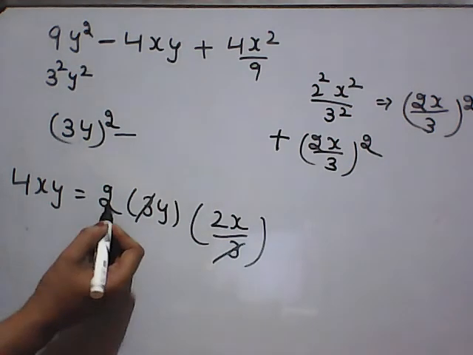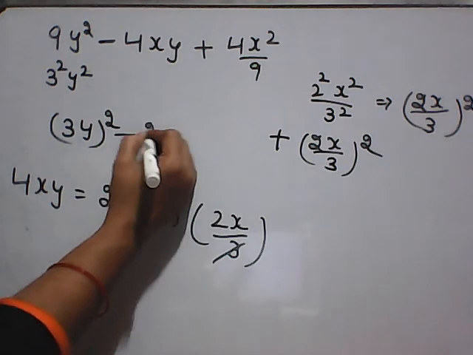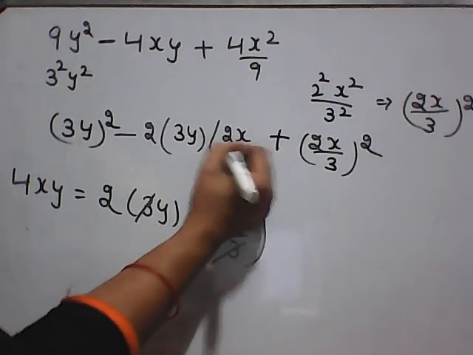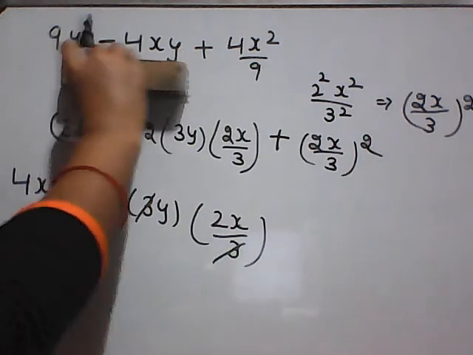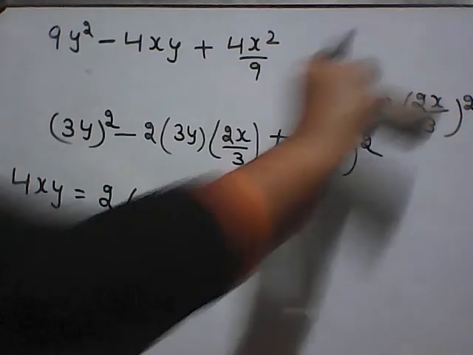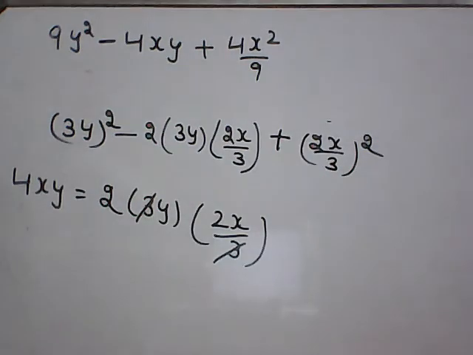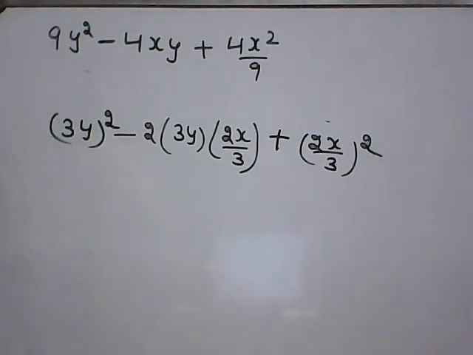So we can write 4xy as 2 into 3y into 2x divided by 3. Clear? First term 9y square can be written as (3y) whole square. Third term 4x square by 9 can be written as (2x by 3) whole square. Now 4xy can be written as 2 into 3y into 2x by 3. So here the first and third terms are perfect squares with a negative sign before the middle term.